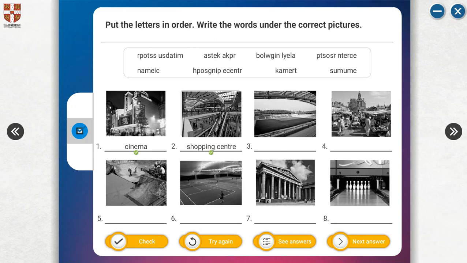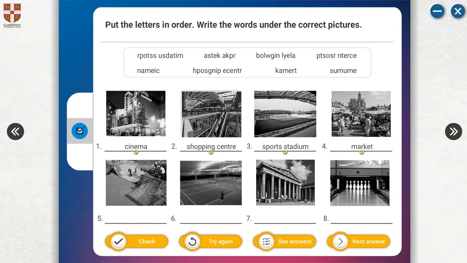Yes, shopping center. Number 3. Yes, it should be sports stadium. And number 4, market. Yes, it can be market.